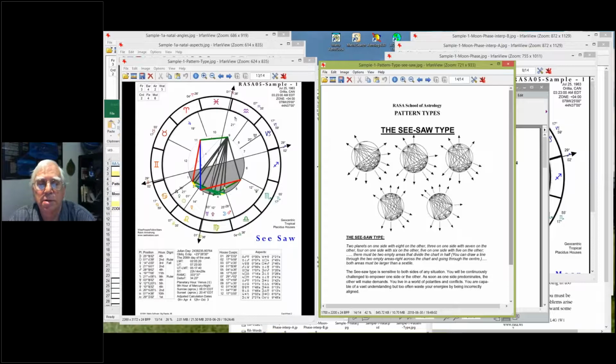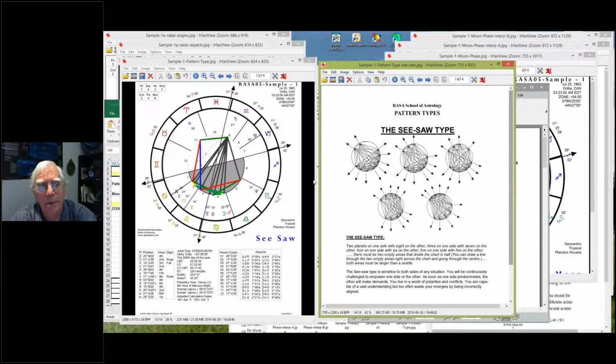When you look at it, you see this is the pattern. It's a seesaw type, and it's going back and forth between two sides, and the two sides happen to coincide with above the horizon and below the horizon. So one half is her to herself, the other half is her to the world around and to other people around. So you see the pattern, that's it.